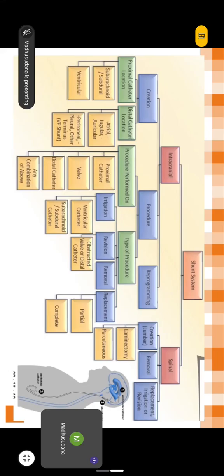You have to check whether the procedure is on the existing VP shunt's proximal part, the distal part, only the valve, or any combination of the above. And the type of procedure may be irrigation, revision, removal, or replacement. Irrigation is ventricular catheter irrigation, cleaning. Any obstruction will be cleaned by the doctor here. And the other types of procedures are revision, removal, and replacement.